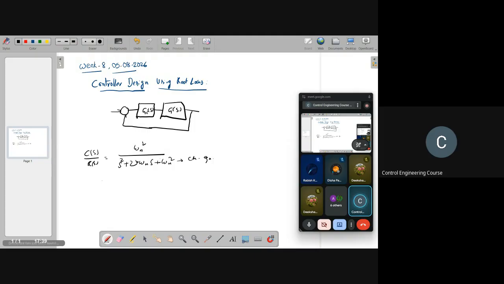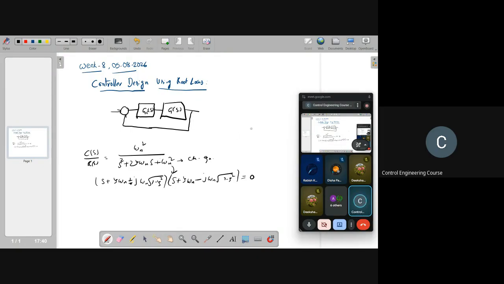When you factorize, the form of the characteristic equation will be: s plus zeta omega n plus j omega n square root of 1 minus zeta square, and s plus zeta omega n minus j omega n square root of 1 minus zeta square, equal to 0. This is the characteristic equation in factored form. So the poles are minus zeta omega n plus or minus j omega n square root of 1 minus zeta square.